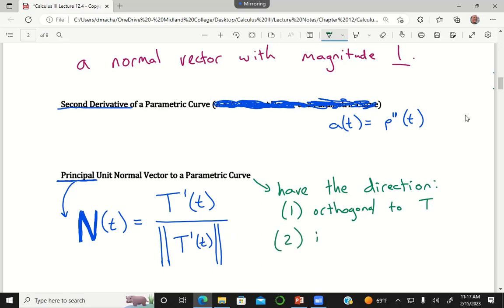And number two, in the same plane as T and the second derivative.